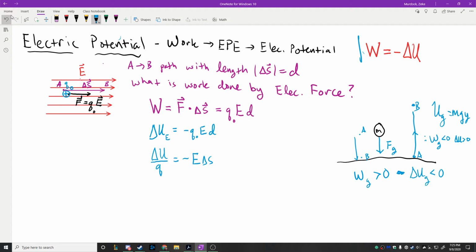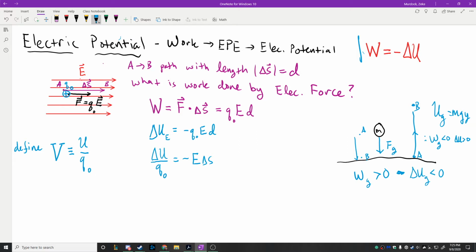But now what we'll do is define electric potential. We're going to use the symbol V to be equal to U, the potential energy at some point, divided by the charge. I should have left the Q naught in here.